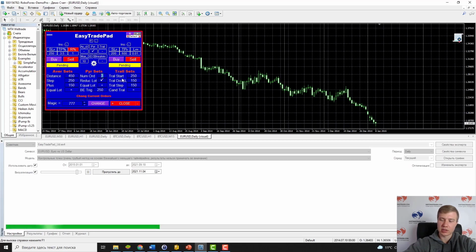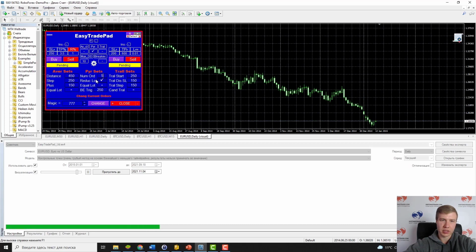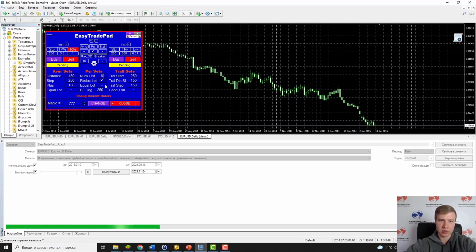For example, you want to open 5 deals according to your trend. They will be opened in proportion to your take profit size, proportionally dividing by this number of deals. 5 deals, taking into account your first opened one, so there will be 4 added deals.